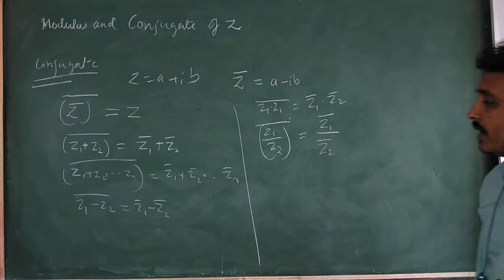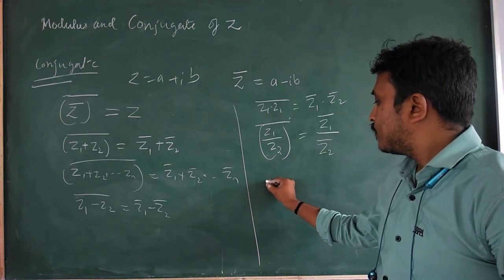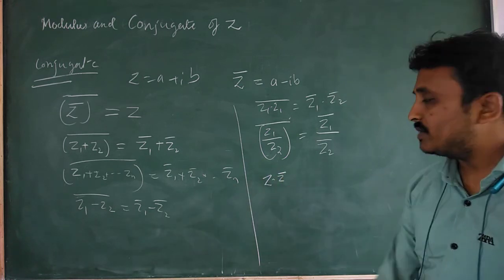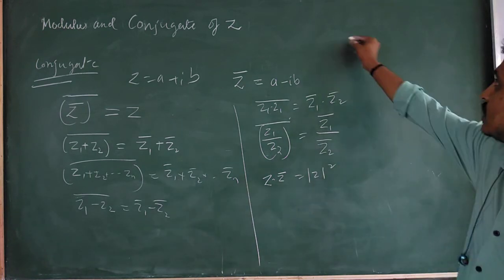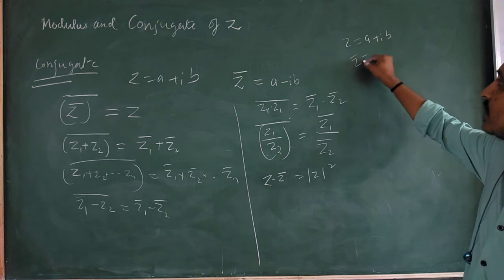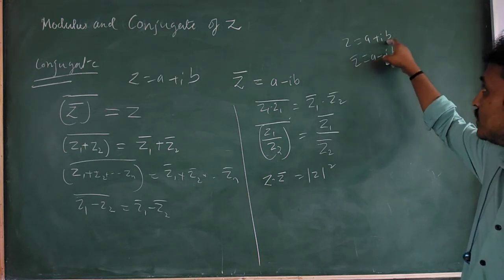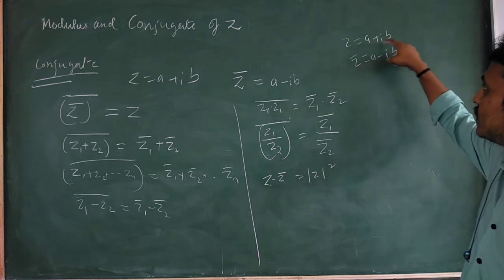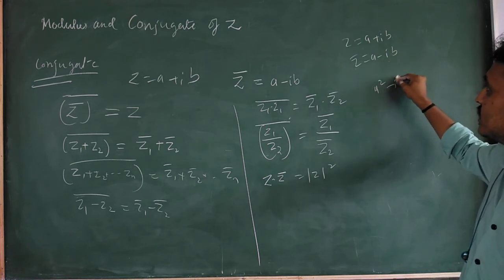And again, z into z bar equals modulus of z square. Because z equals a plus ib, and z bar, the conjugate, equals a minus ib. Z into z bar is a plus ib into a minus ib, that is a square minus i square b square.